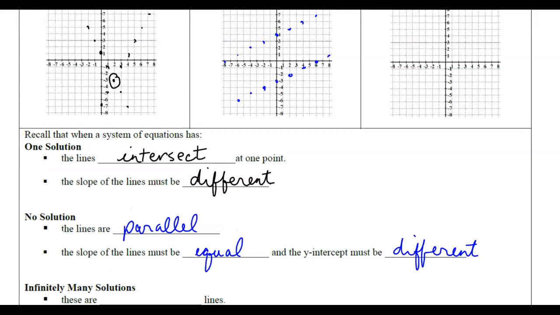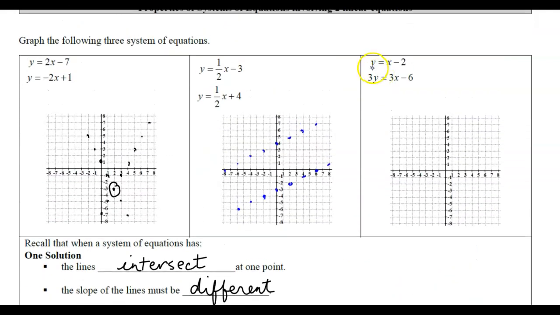And then infinitely many points. We'll take a look. The first one has been solved for y. So -2 y-intercept, slope of 1. So all of these points, again, I'm not joining them up because my computer's slow. And then this one, I need to divide both sides by 3.